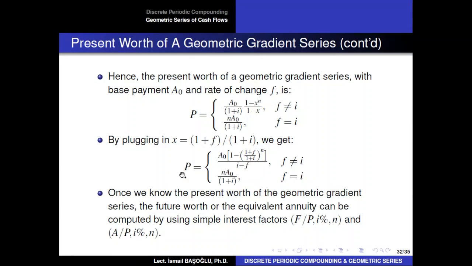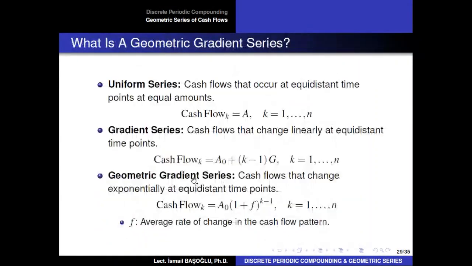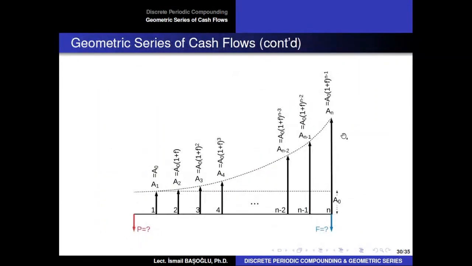So if you calculate the present worth first, then you can use the single payment compound amount factor to convert that present worth to the future value, or you can convert this present value with the capital recovery factor A over P to the uniform payment size. So you can also convert this geometrically increasing or decreasing series of cash flows to what? To a uniform series of cash flows as well.